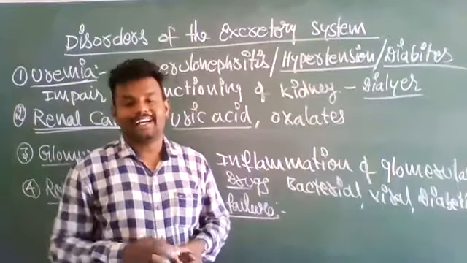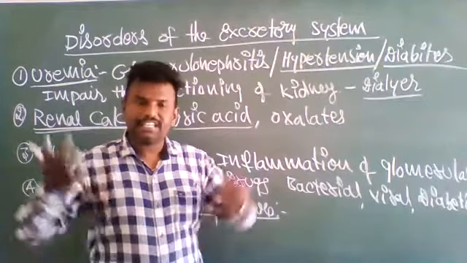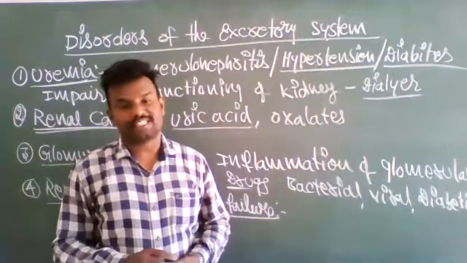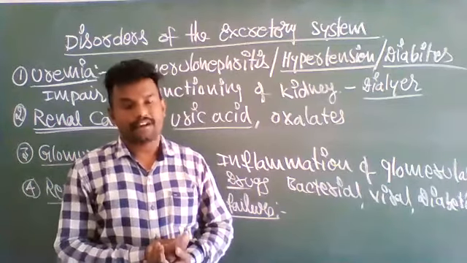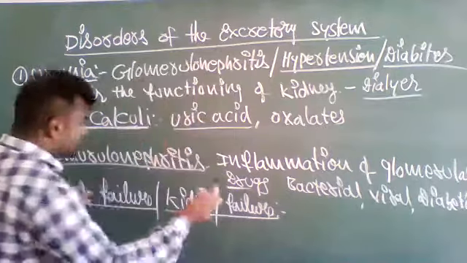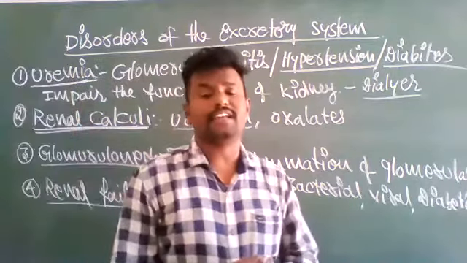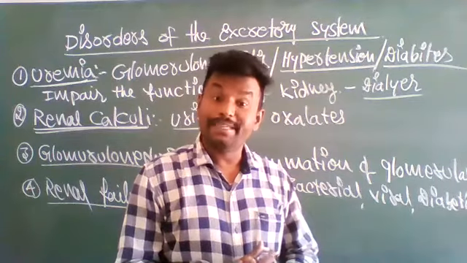Then urea is increased. If urea is increased in our body, some toxic substances are increased, and then our body functions would be affected. This is one reason. If our kidneys fail in filtering blood, what will be increased?